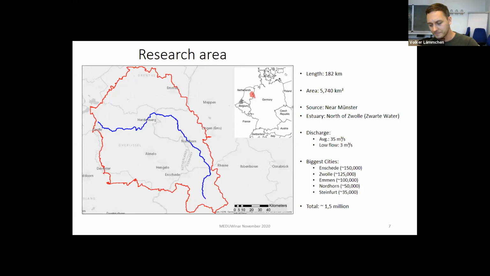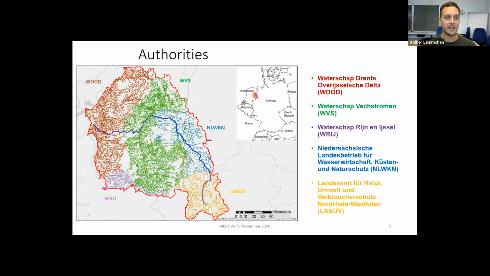All of these river parts have to be taken into account when trying to run a model and to simulate. As you can see, we have 5 different authorities in charge, which are the Waterschappen Drents Overijsselse Delta, Vechtstromen, and Rijn en IJssel, and in Germany, the authorities from Lower Saxony and North Rhine-Westphalia.